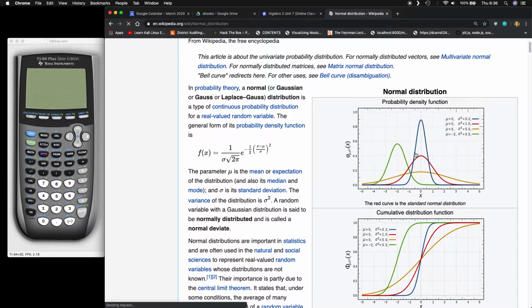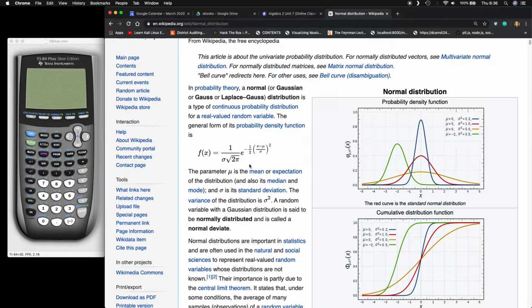Here's the bell shape, and it can be moved anywhere based on some of these values. Specifically, it's based on the mean, the average in the middle, and this thing called a standard deviation, which measures how spread out the data is. But this here is that function, and theoretically, you could actually answer these questions, such as what's the area under the curve, which will give us probability from a certain x to a certain y.